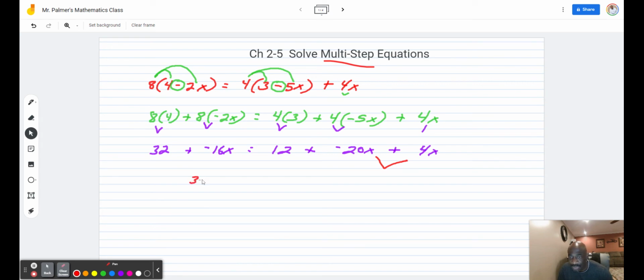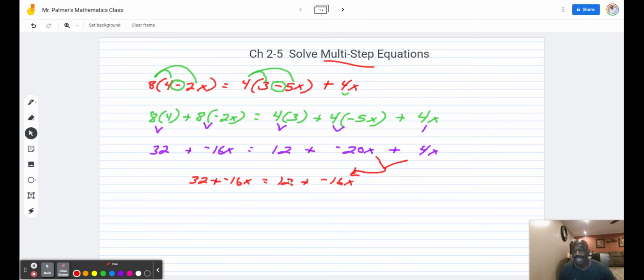So I have 32 plus a negative 16x equals 12 plus a negative 16x. A negative 20 plus 4 is a negative 16. Got it? Now, if you notice, they're not identical on both sides. So the answer is not identity.